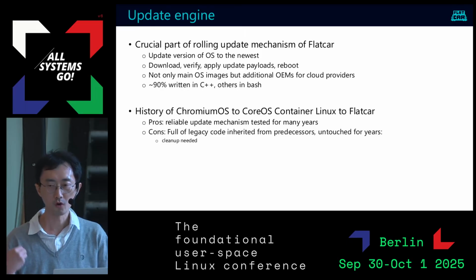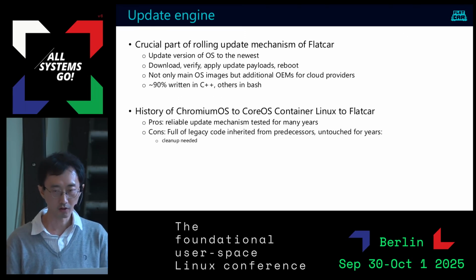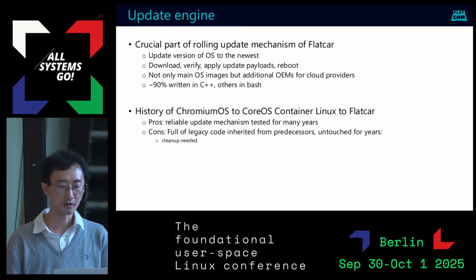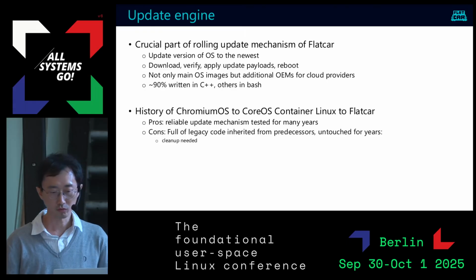For example, if you want to do an OS update in a traditional distro, then you need to first download an image, verify and apply that image to the root file system, reboot and so on. Those steps are all done automatically in Flatcar. So that's what update engine is doing.